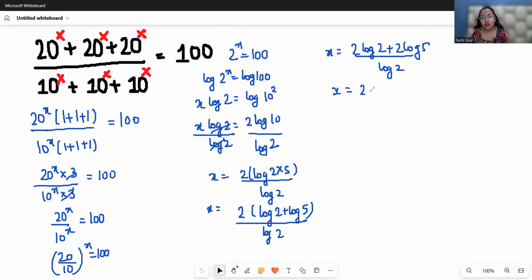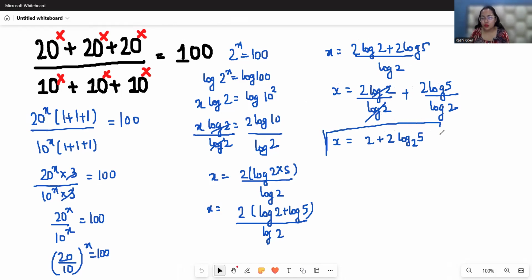X equals 2 log 2 by log 2 plus 2 log 5 by log 2. So this will cancel out. So x equals 2 plus 2 log base 2 of 5. So this is the value of x, or you can take 2 as common. So 2 times (1 plus log base 2 of 5).